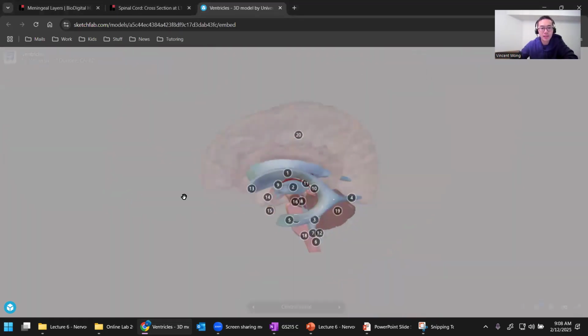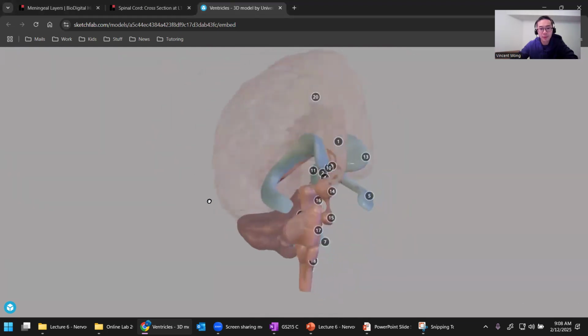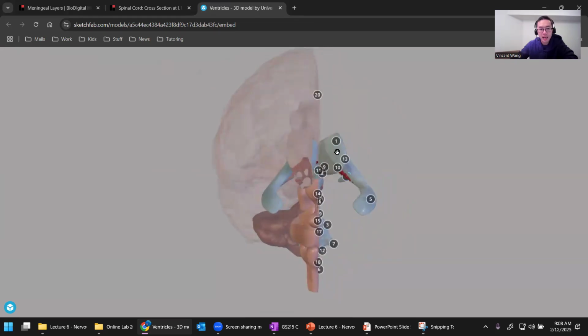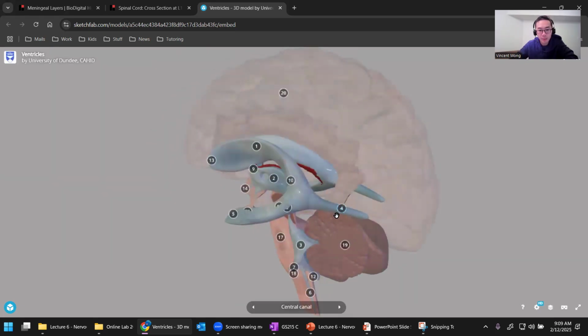So here it is. We can see the brain from the front, and you can see the horns right there. They've removed the left half of the brain, so you can see the ventricles more clearly. And you can see that it points a little bit pointy at the end.